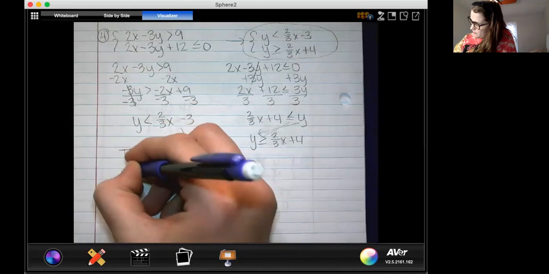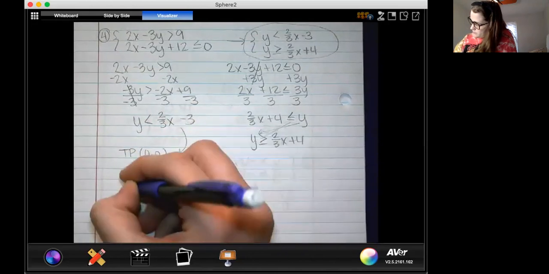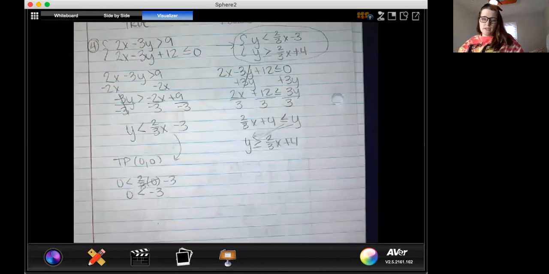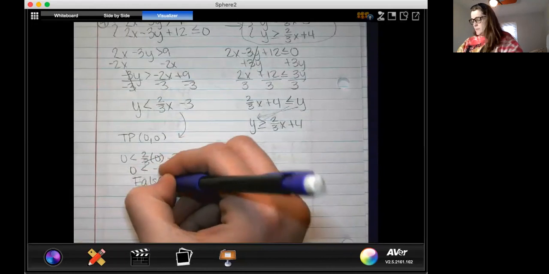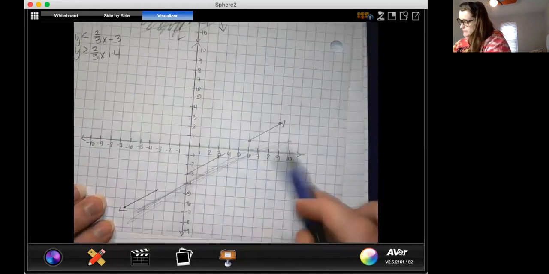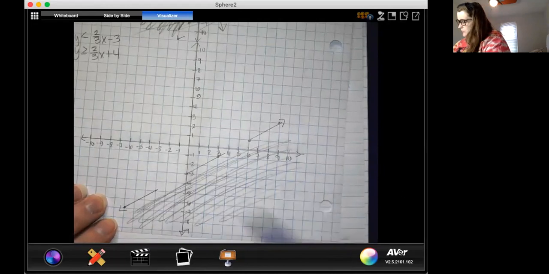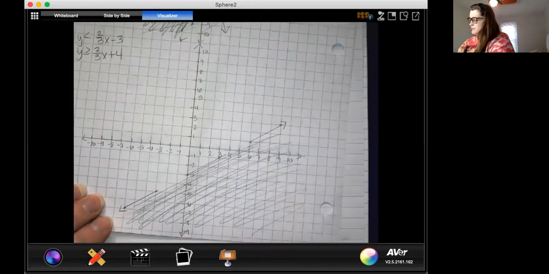Is 0 less than 2/3 times 0 minus 3? So is 0 less than -3, which is false. Therefore I'm going to shade to the right of my line.